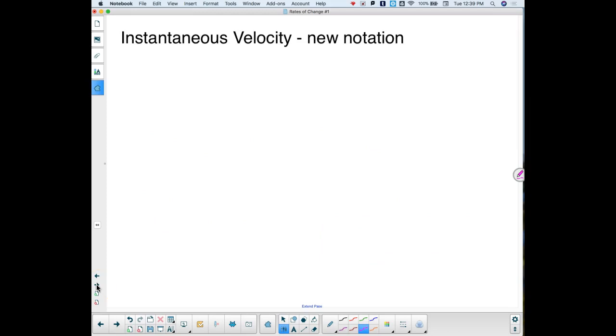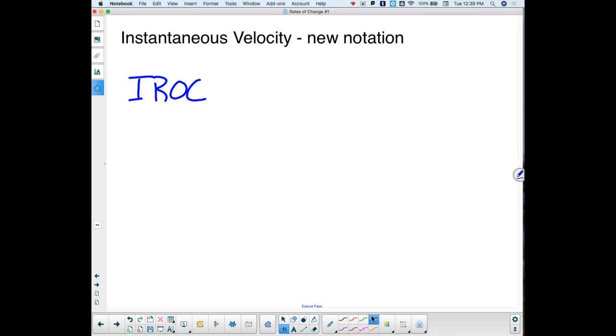All right. So, instantaneous velocity now. Again, let's step outside the box, and on the anagram here, we're going to go with IROC, instantaneous rate of change, not average rate of change.